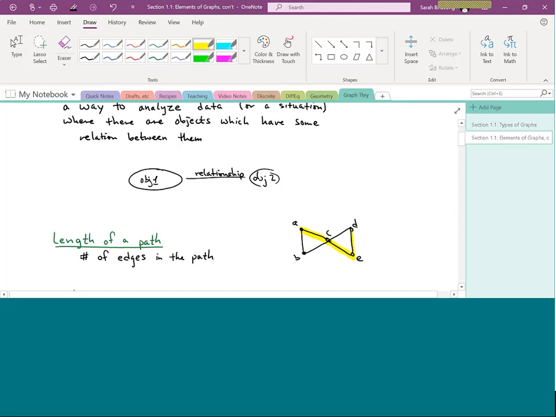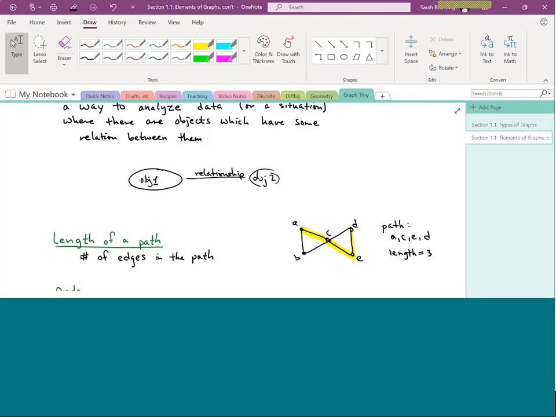It could start at A, it could end at D, and if we actually wrote it out, the sequence that would give you that path, remember, is A, C, E, D, but the actual length of the path is not the number of vertices, it's the number of edges. That length would be 3. I mentioned that because of the way the naming is for paths or otherwise, people will often count the vertices, and in terms of length of paths, it's actually the number of edges that you need to worry about. But that was just something I forgot to mention at the end of last time.